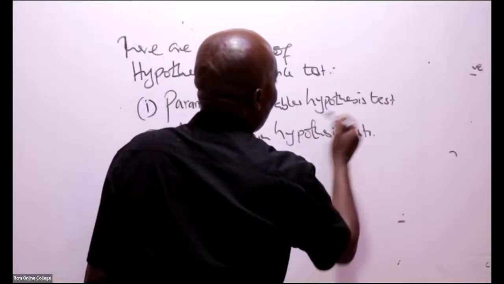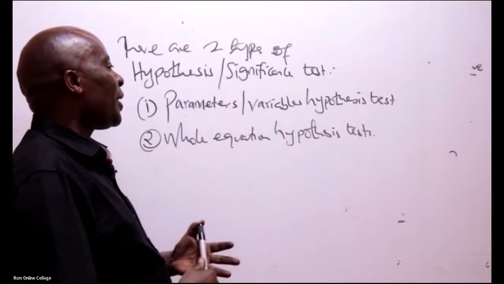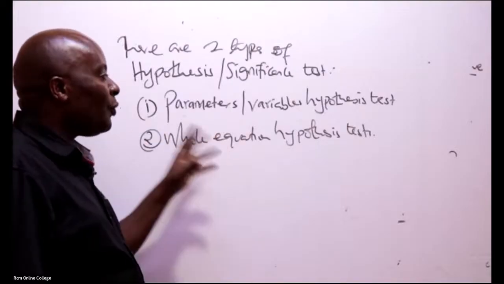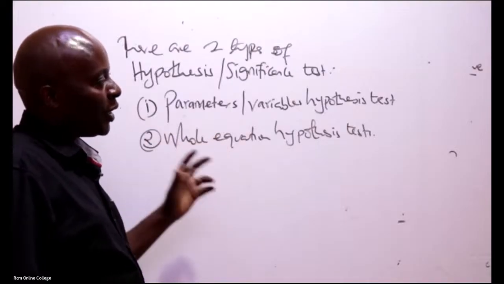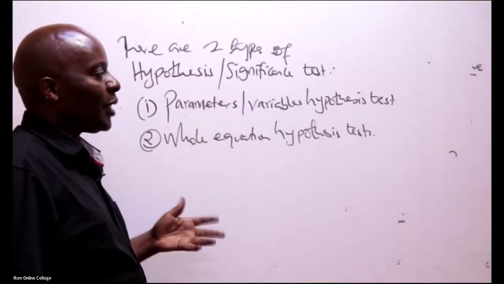So we have parameters, or variables, individual parameters hypothesis tests. And then number 2, we have what we call a whole equation hypothesis test.